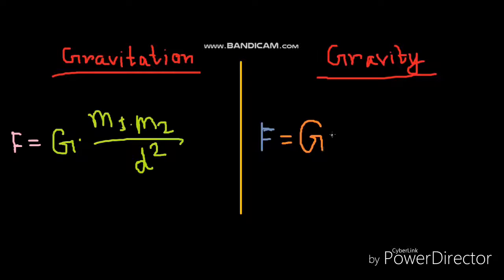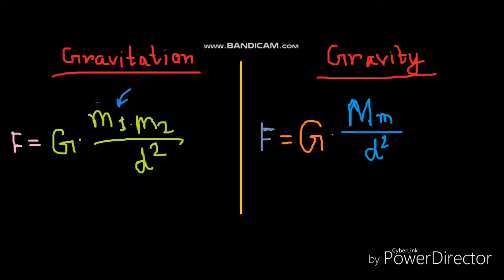There is a G here too, the gravitational constant, times not m1 but a capital M, times the small m, divided by d square. So you may ask now, why are the letters different? Why are we not placing m1 here too? Why are we placing M in big letters?